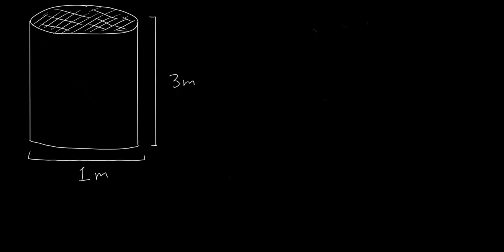Again, we can't just get the width of that two-dimensional piece of paper, so we have to find the circumference of one of the end caps. So we know that the diameter is 1 meter. Therefore, the radius is 0.5 meters.